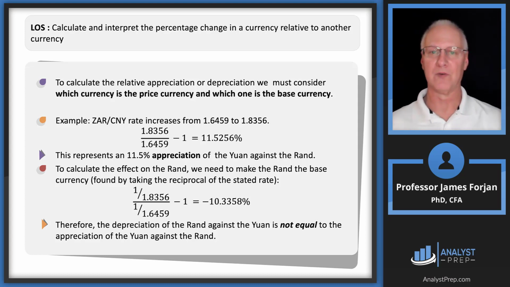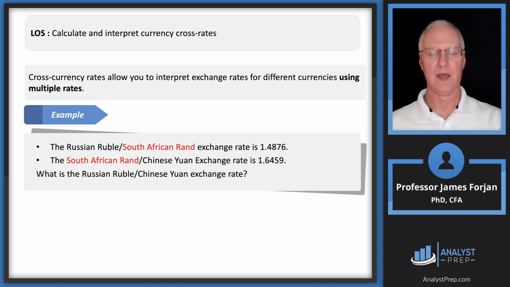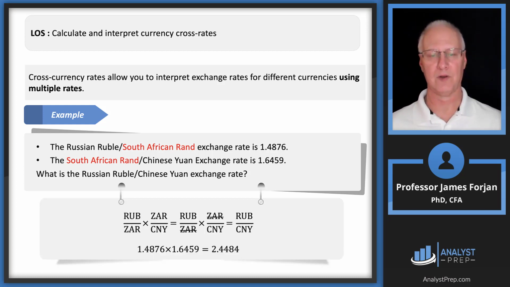And so you might be interested in three different currencies, and that's what these cross rates of exchange are. So here we've thrown in the Russian ruble, so there's the rate 148.76, and then there's the rate that we've been looking at so far, 164.59. What is the exchange rate between the Russian currency and the Chinese currency?